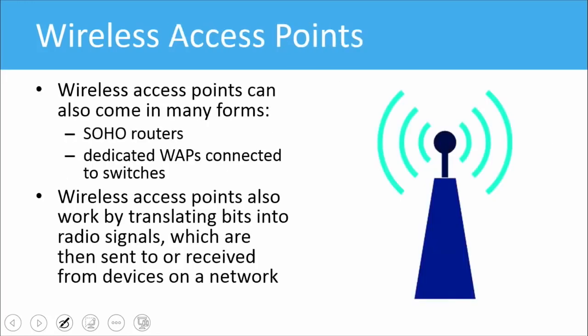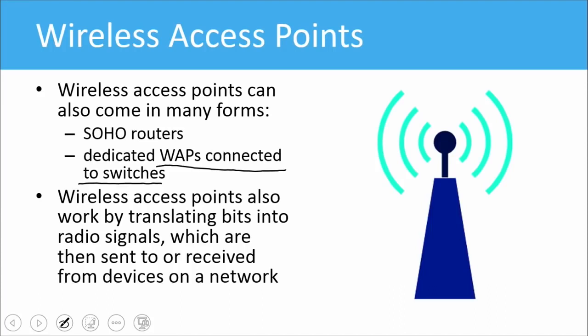Wireless access points can come in many forms as well. Oftentimes they're located in our home routers, our SOHO routers at our home office or small office. And wireless access points, like I mentioned previously, I hate to hammer this down, but they're connected to switches. We do have dedicated ones specifically for the purpose of sending and receiving data in large organizations.